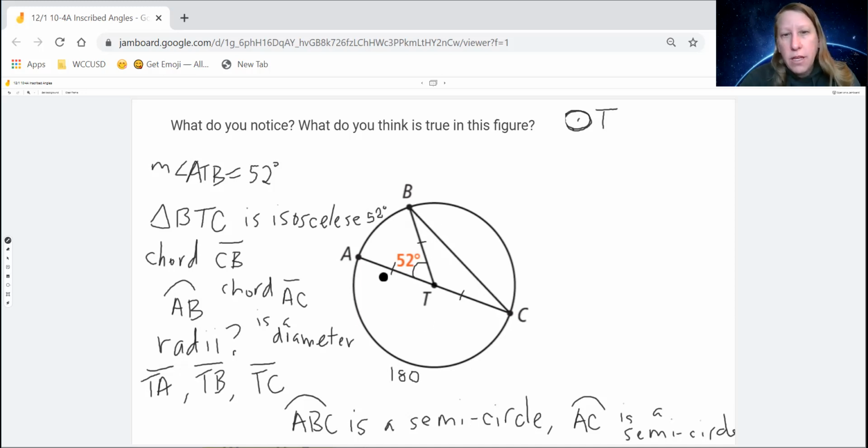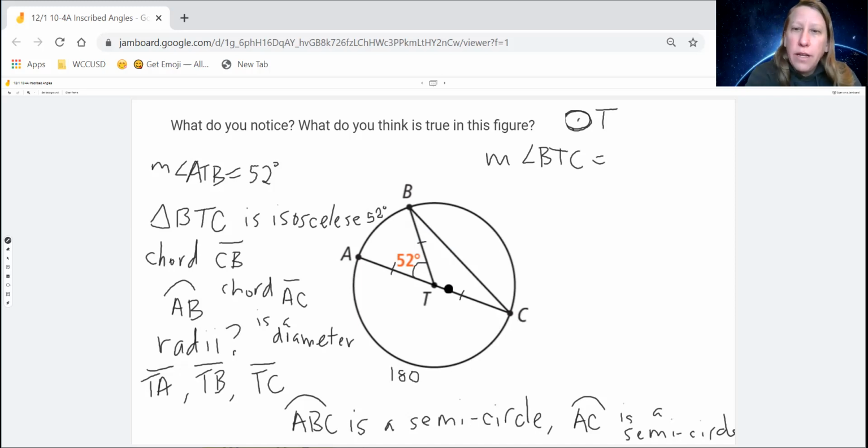All right, how about in here? Can we find out anything about these angles? We're trying to figure out everything we can about this picture. What do you guys know about this angle right here? Measure of angle BTC is how much? Well, isn't it supplementary to 52? Doesn't it make a straight line?